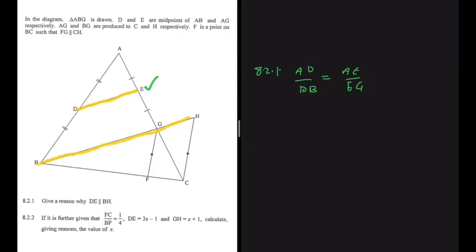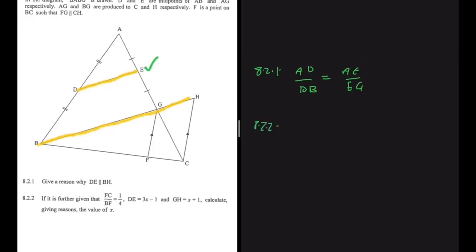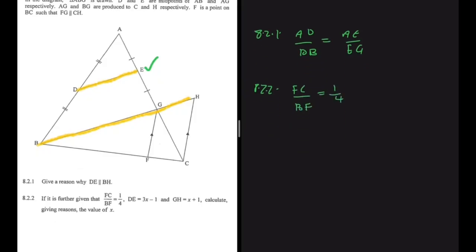Now let's do 8.2.2. So 8.2.2 is saying that if it is further given that FC divided by BF is equal to 1 divided by 4, and that DE is equal to 3x minus 1, and GH is equal to x plus 1.